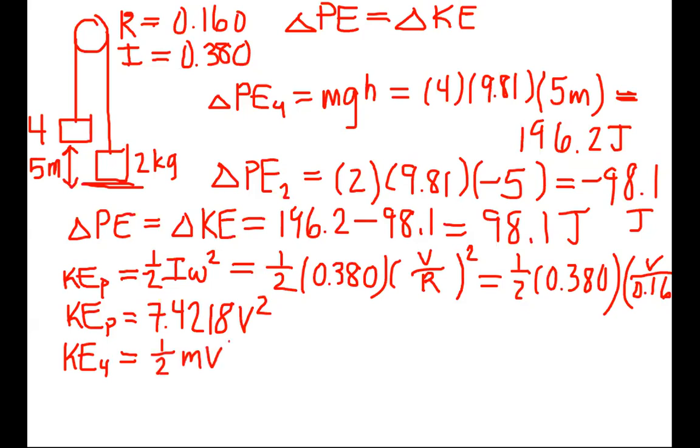Exactly. So we're only using the rotational equation for the pulley. Everything else will have the translational equation. So we have 1/2 times the mass, which is 4 kilograms, times velocity squared, which we also still don't know. But this would give us 2 times velocity squared.